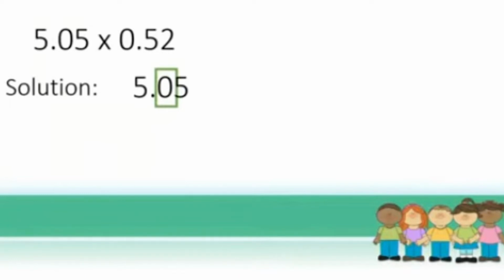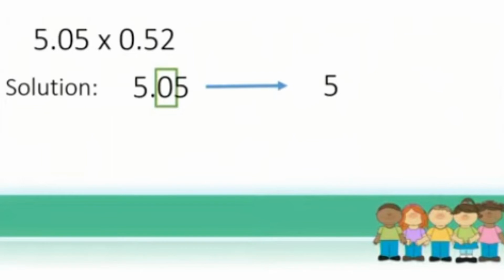If the number is equal to or greater than 5, round up to the nearest whole number by adding 1. But if it is less than 5, drop the decimal numbers and retain the whole number, which is 5. In our example, the digit in the tens place is 0. So, let's round down. Therefore, 5.05 is estimated to 5.